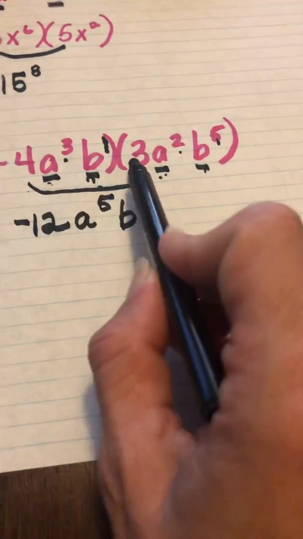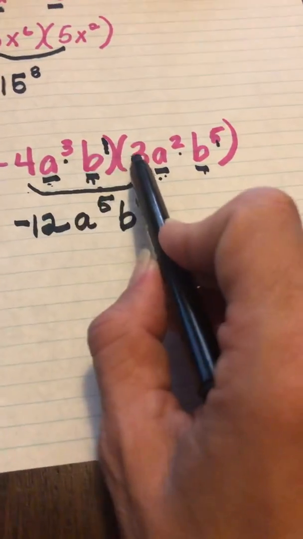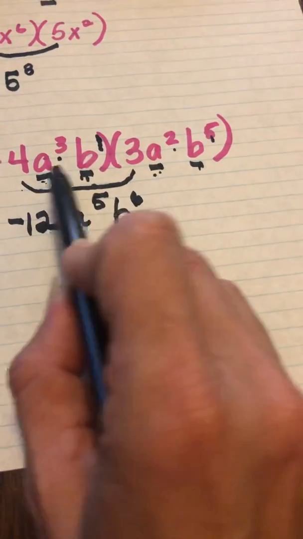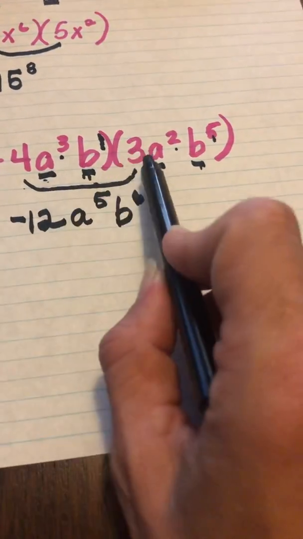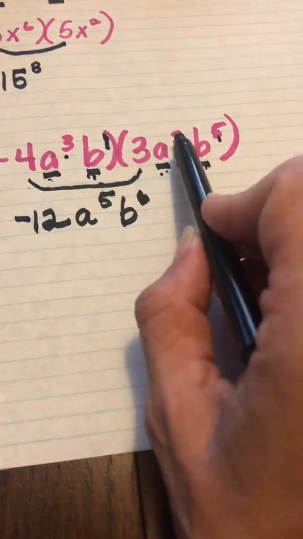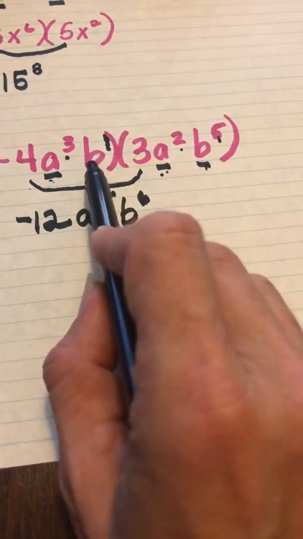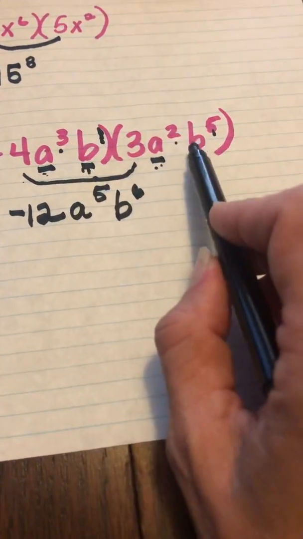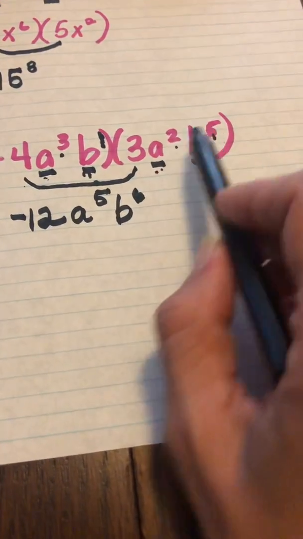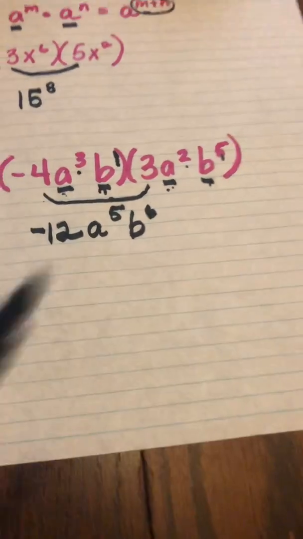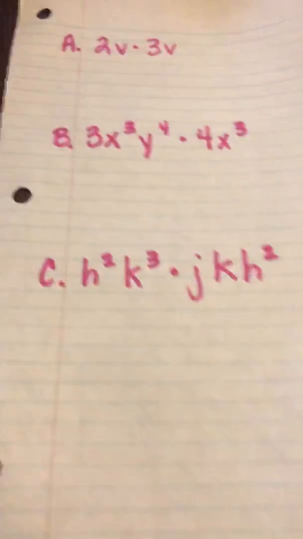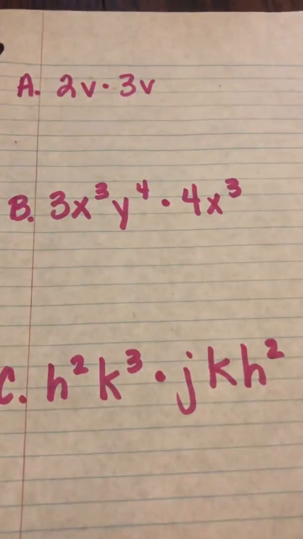So I multiplied my integers together. I looked at my bases that are the same. I added their powers. Here's the b's, the bases are the same, and I added their powers to get the 6. Okay, so here is the A, B, and C from the worksheet.